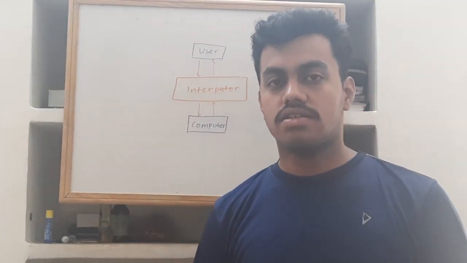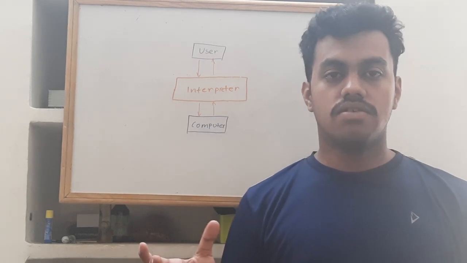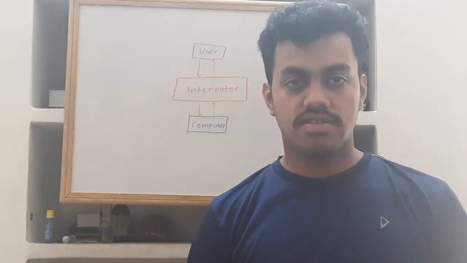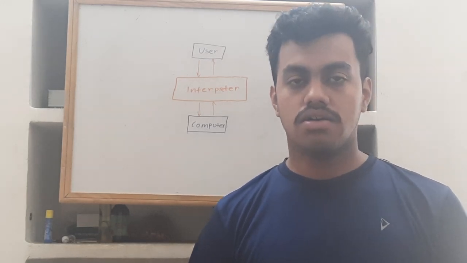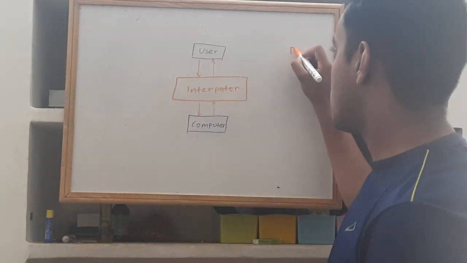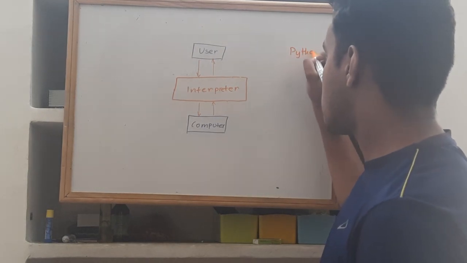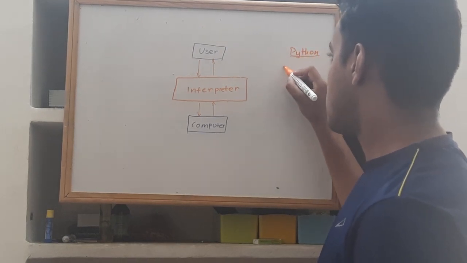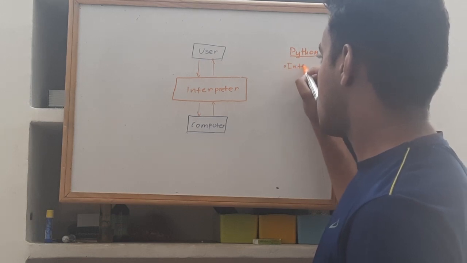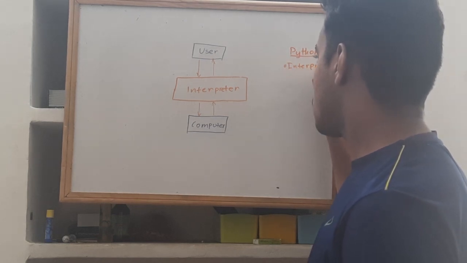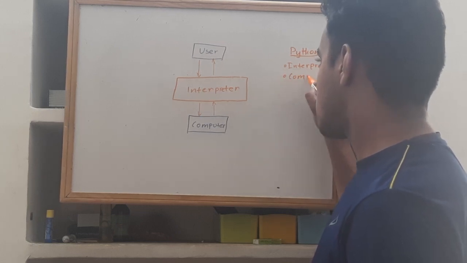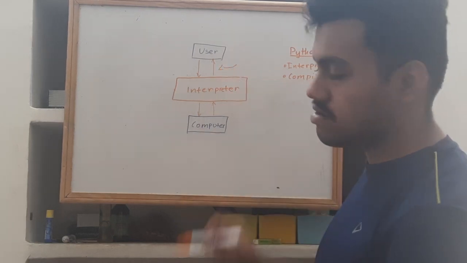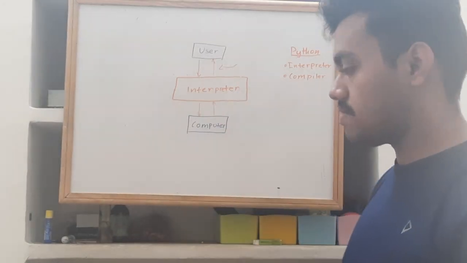So a compiler takes your code, makes it into smaller pieces, sends it to the interpreter, and then the interpreter does its job, and now you get it back. So Python has an interpreter and it has a compiler, and the compiler would be there.